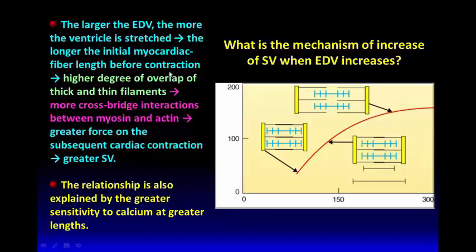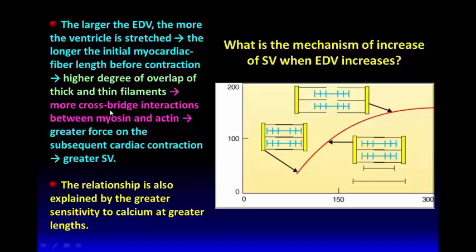And as the myocardial fibers are stretched before they begin to contract with larger end-diastolic volumes, this results in a higher degree of overlap between the actin and myosin filaments.